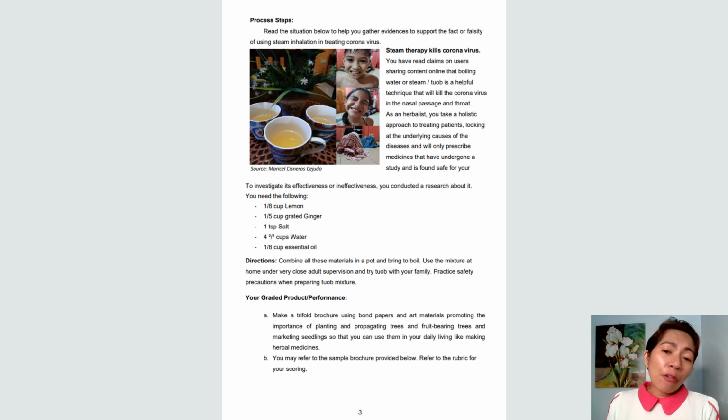So, scaffold talaga natin. May sample po tayong brochure na ginawa, and then we indicated here, and so there is really a sample for the learner to look into para hindi na mahirapan ang bata. But of course, we did not write in there the content lahat kasi wala na silang gagawin.